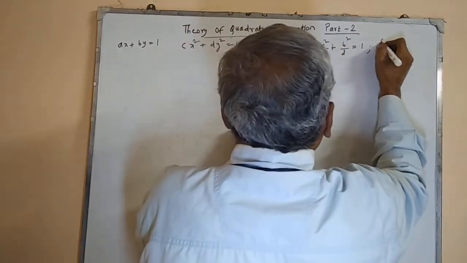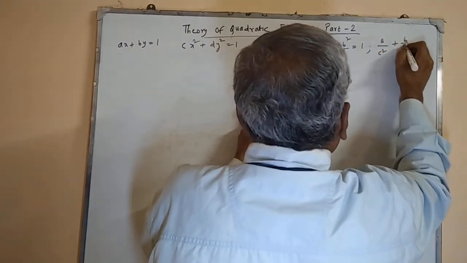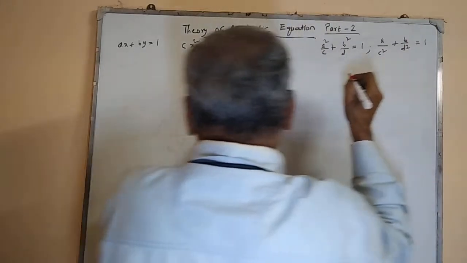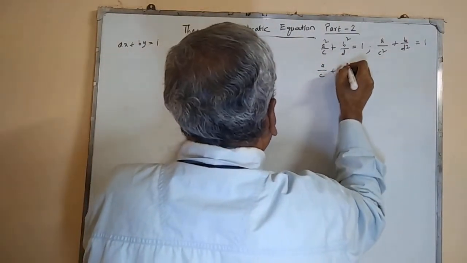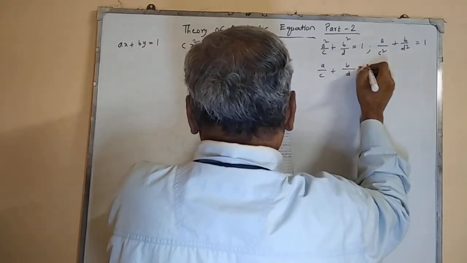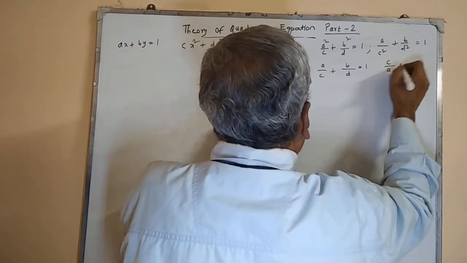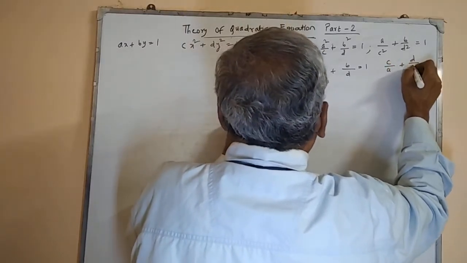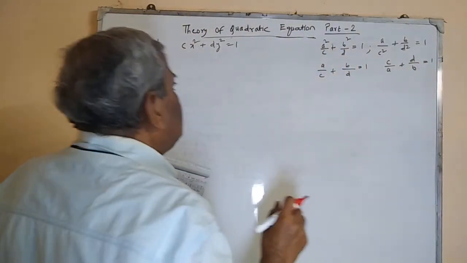Second option, a by c square plus b by d square is equal to 1. Then a by c plus b by d is equal to 1. Option 4, c by a plus d by b is equal to 1. These are the 4 options.